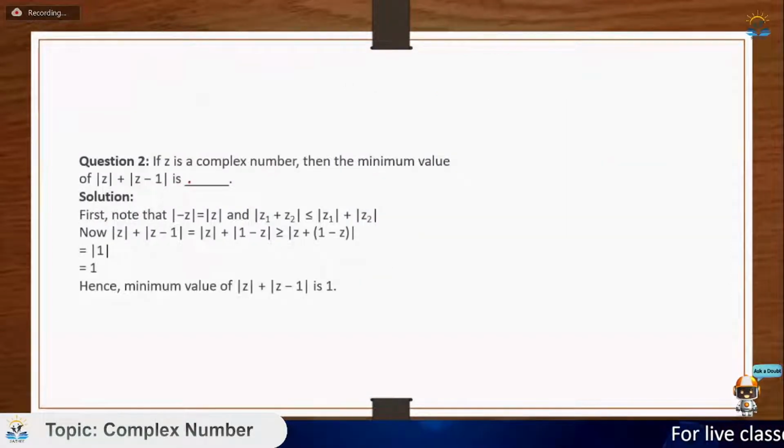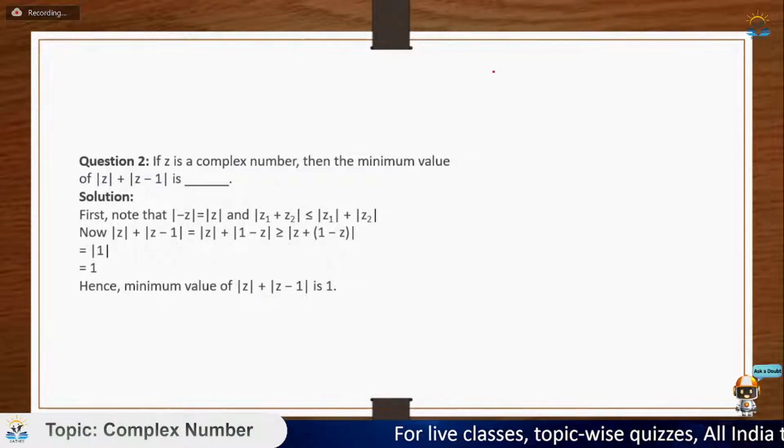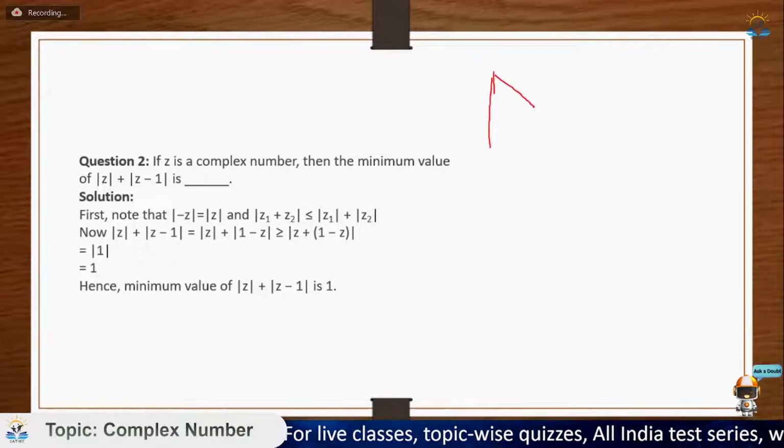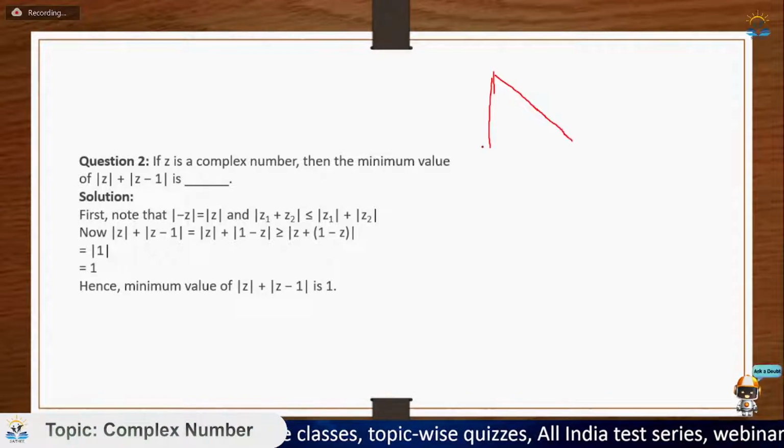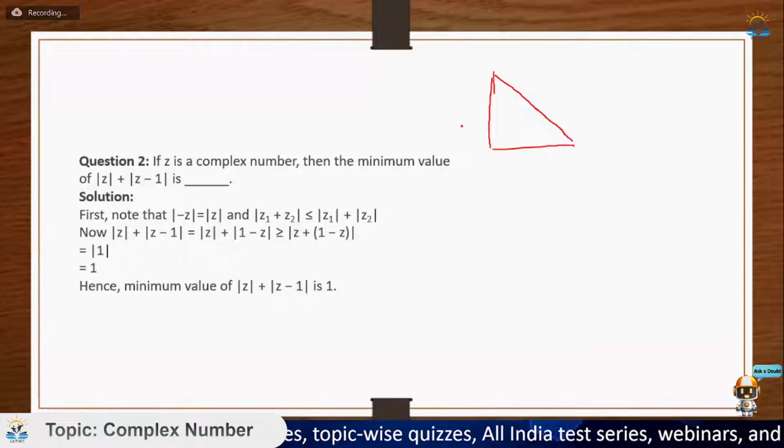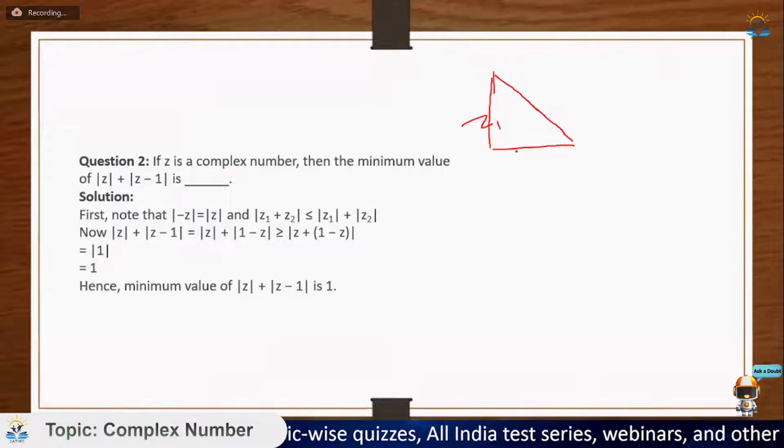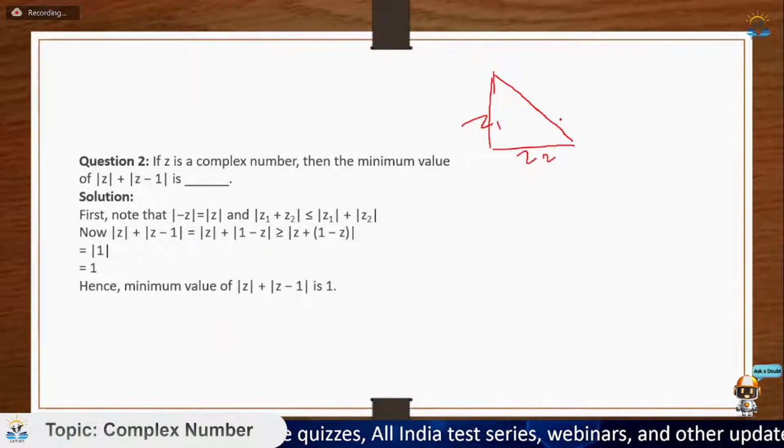Next question. If z is a complex number, then the minimum value of mod z plus mod of z minus 1 is equal to what? Here we will be using the triangle inequality. So what was the triangle inequality? Let's say this is the triangle, and here this is z1, this is z2, and this is z3.